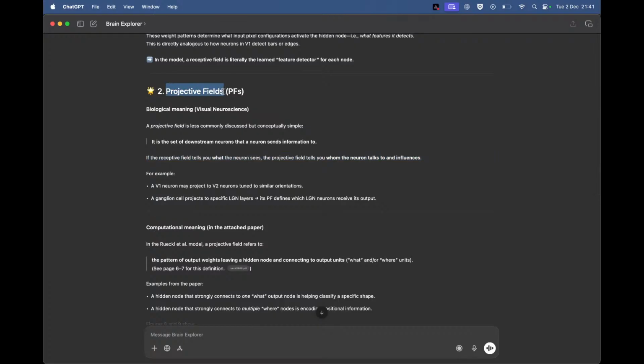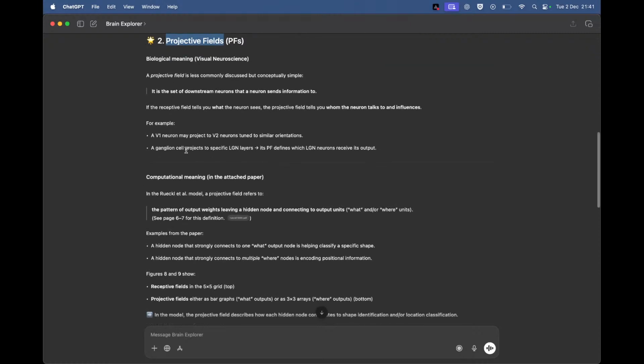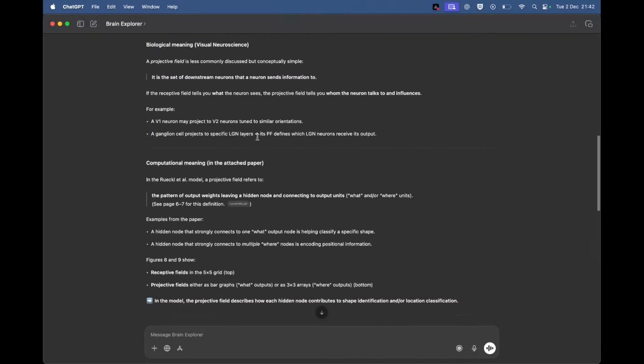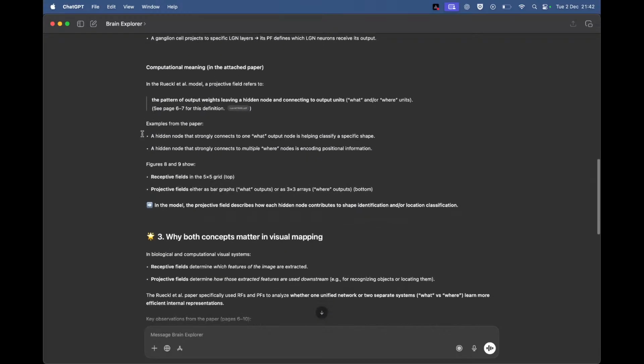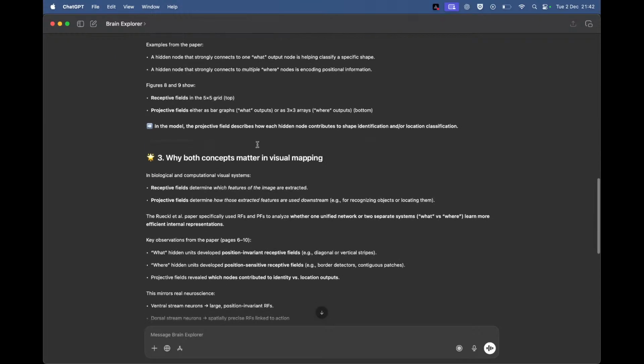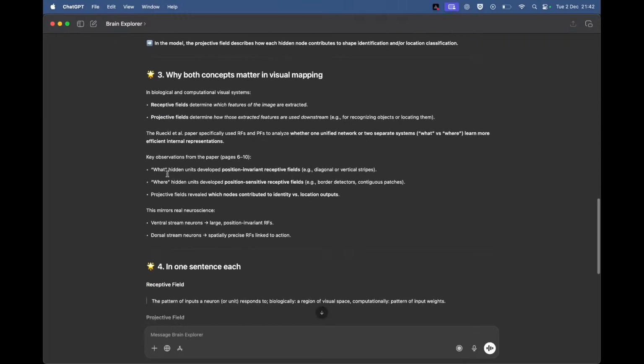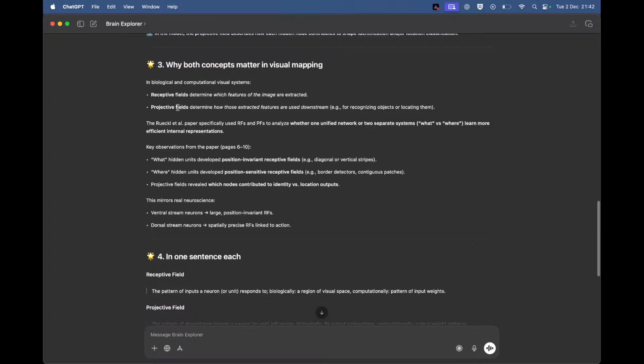Okay, this will be an interesting idea. So it is downstream neurons. A V1 neuron may project to V2 neurons tuned to similar orientation. Ganglion cells project to the LGN; this projective field defines which LGN neurons they activate. Computationally, it means the pattern of output weights. Why both concepts matter in visual mapping: receptive fields determine which features, projective fields determine how they are used.